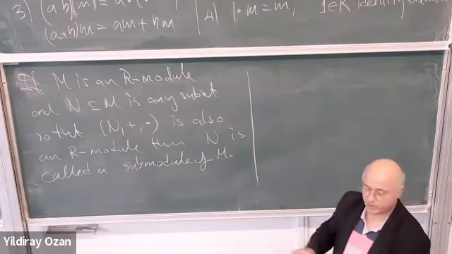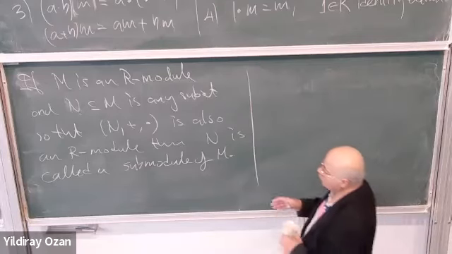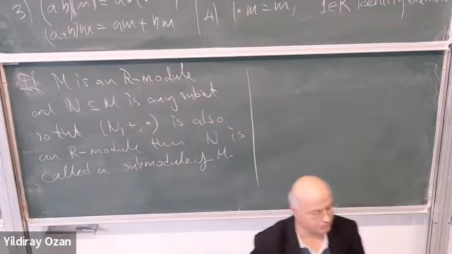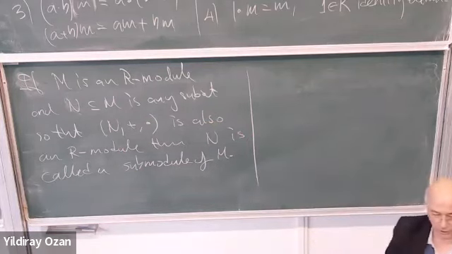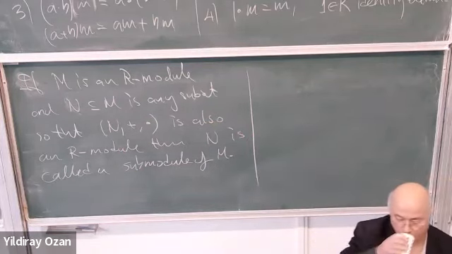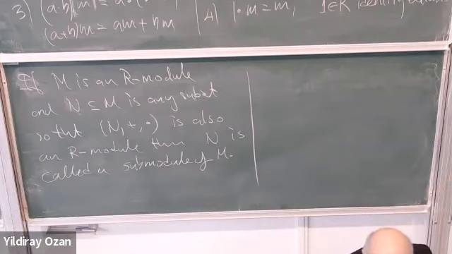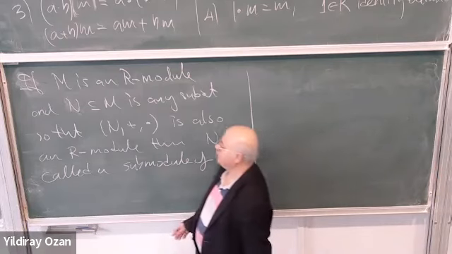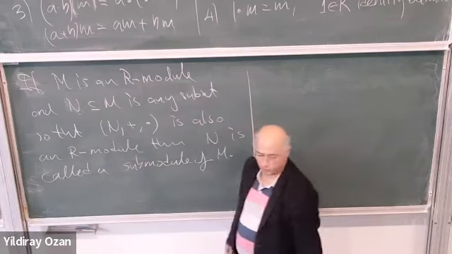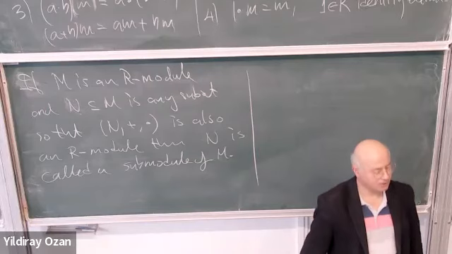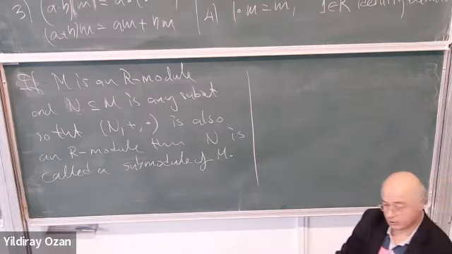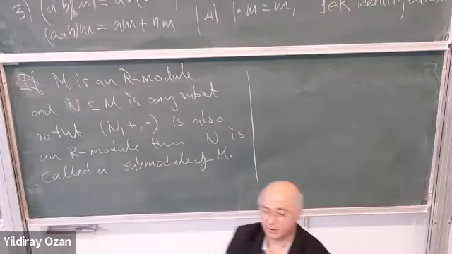Modüller cebirsel nesneler olsa da, although modules are algebraic objects, they have actually a lot of geometry in them. So they play a big role in every branch of mathematics, not just algebra, but especially algebraic geometry.